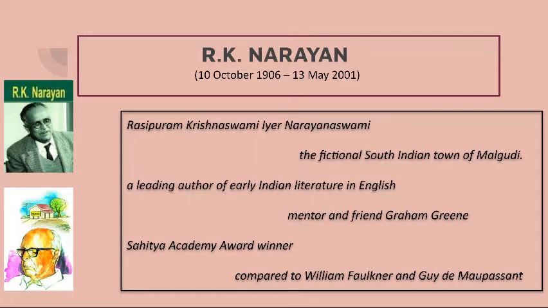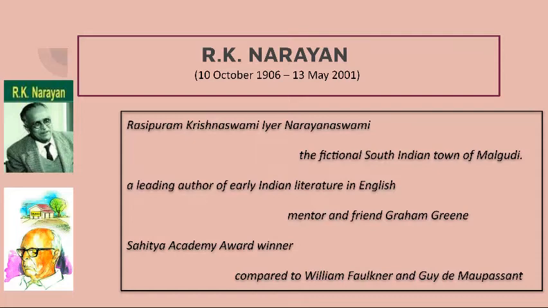And in all the works he has written, either short stories or novels, he has created a locale which is called Malgudi, which is a fictional South Indian town, and it is akin to Thomas Hardy's Wessex. Now, the word locale is the place where the action of a book or a film takes place.